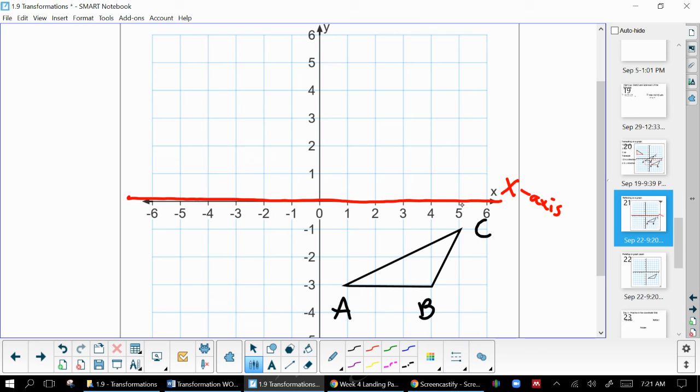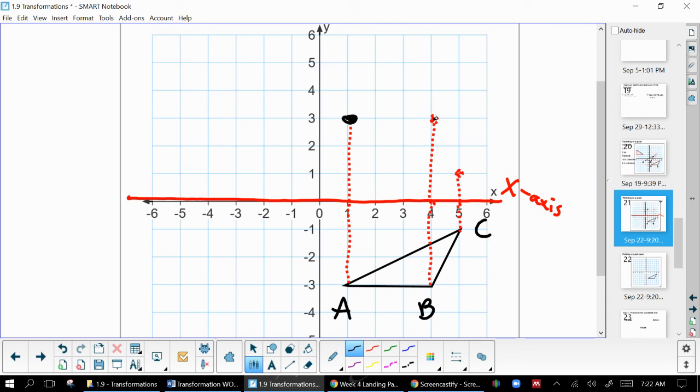For each point, you're going to want to see how far it is below the x-axis. So C is 1 unit below, and you're just going to go 1 unit up, and that's where you'll put C. B is 3 units below, so you go 3 units up. The x-coordinate 4 never changes if you're going across the x-axis. And then for A, you're again 3 units down, so we're going to go 3 units up.